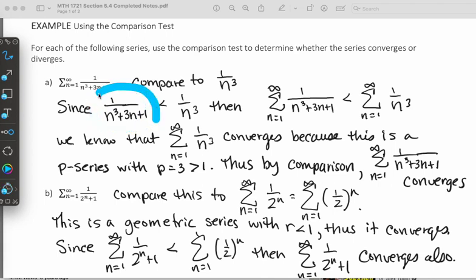So I know that this is going to be less than this, which means the series is going to be less than that. And since we know that this converges, because it's a P series with P greater than 1, then using the comparison test, I know that the series that we're looking at here, this 1 over n to the third plus 3n plus 1, has to converge as well.